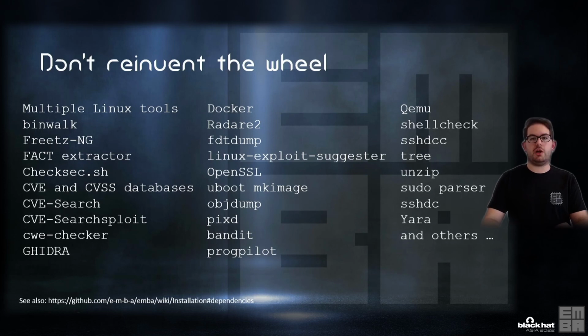Starting with the extractors we are already familiar with, to checksec, CVE search with a complete database of all CVE entries, even classics such as Ghidra combined with objdump, QEMU and many more, enable EMBA to present a deep analysis of the firmware. You don't have to get all the tools manually and try to figure out how to use them and waste a lot of time. You can now simply use EMBA.